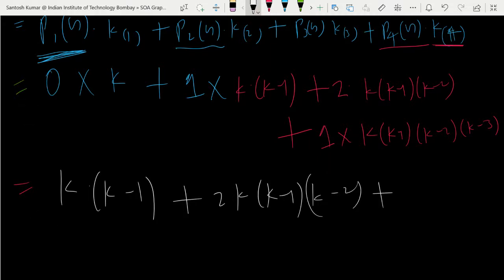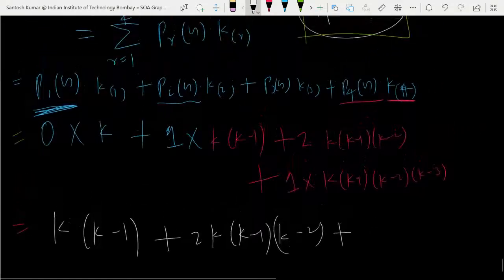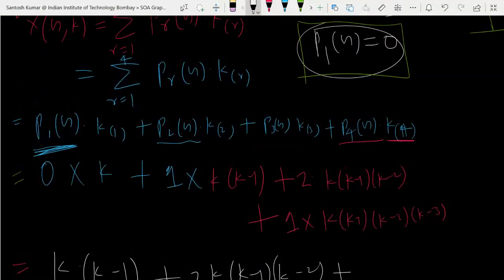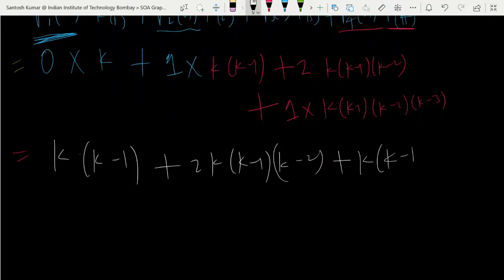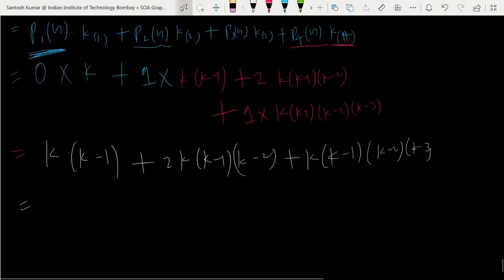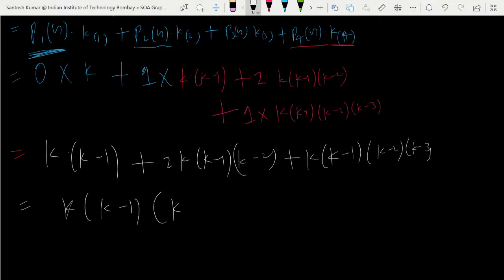So I did the same thing as earlier, I just explained what P_r and K_r are. Now if you simplify this, we already simplified it, so you get the same thing, K into K minus 1 into K square minus 3K plus 3.